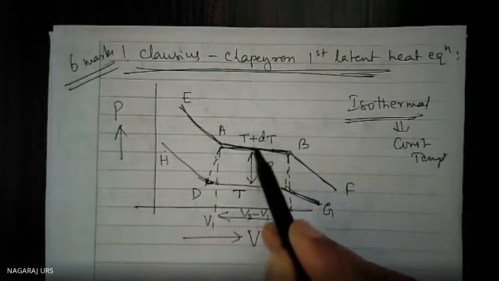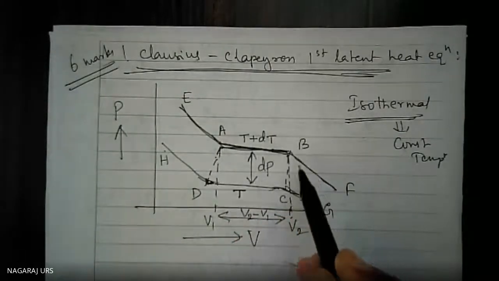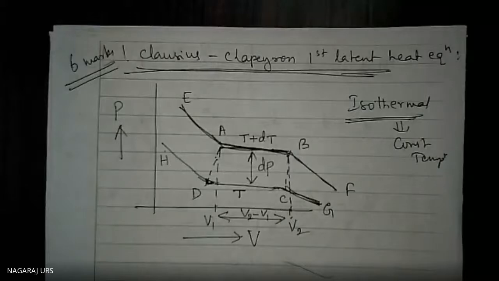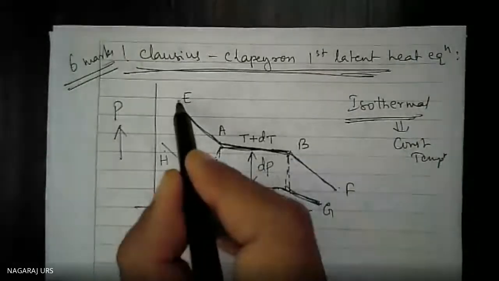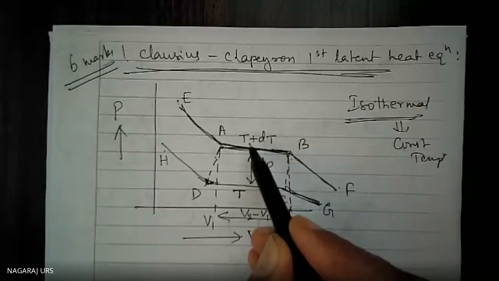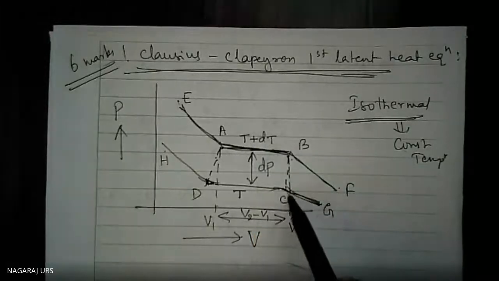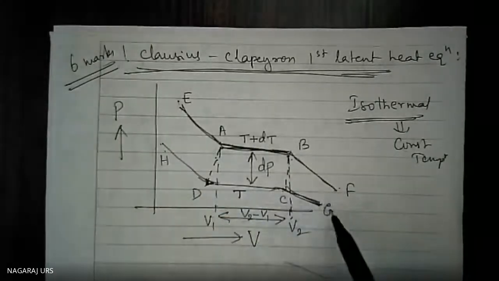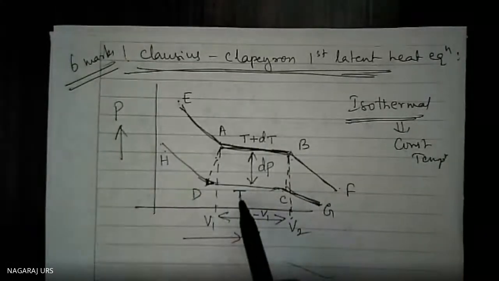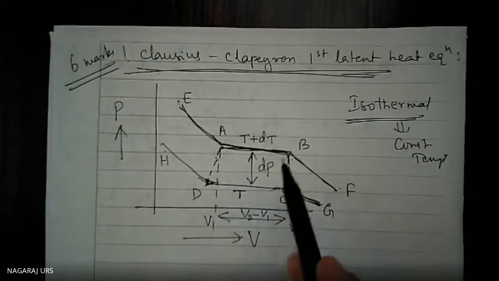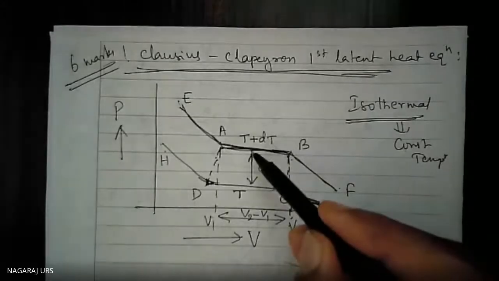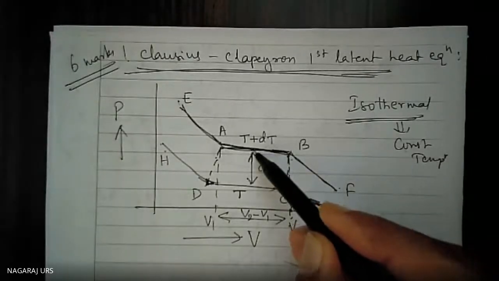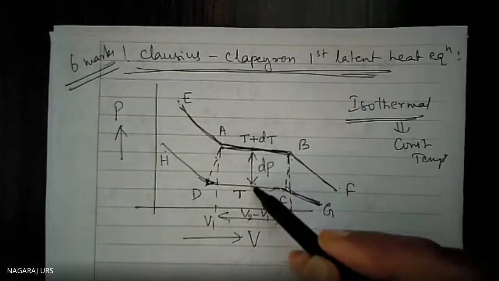We have joined A to D and B to C. ABCD is a Carnot cycle, so we can apply Carnot's theorem here. FBAE is one isothermal at constant temperature T plus dT. GCDH is another isothermal at constant temperature T. Volume at A is V1, volume at B is V2. The pressure difference between one isothermal and the other is dP.